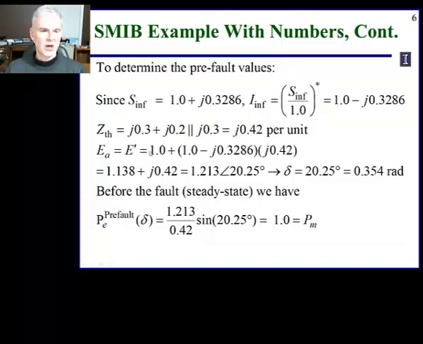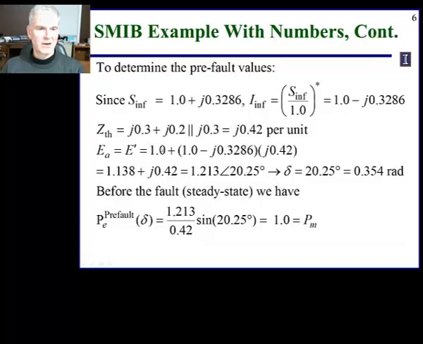We can then just solve for the fact that the internal voltage here is just the infinite bus voltage plus the current times the impedance, and that gives us the internal voltage expressed in rectangular coordinates. We convert that into polar coordinates, and that gives us an initial value for E_A magnitude of 1.213, and an initial value for delta, which we can express either in degrees or in radians.